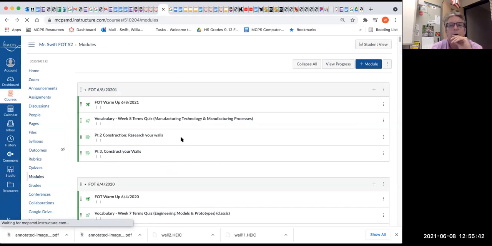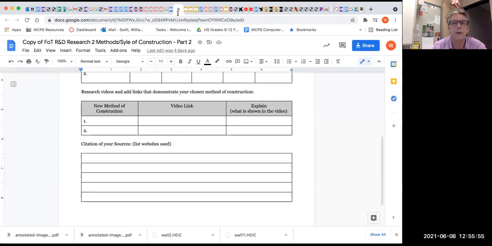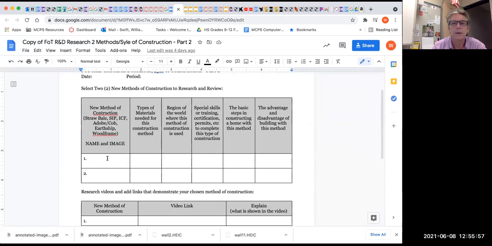Here we are. So right now, you can work on anything that you have not turned in. Ideally, I would like to see your construction, research your walls. This is the form where you pick two walls, right? You pick wood frame or earthship or adobe and straw bale. Trust me, straw bale is a problem with a model.